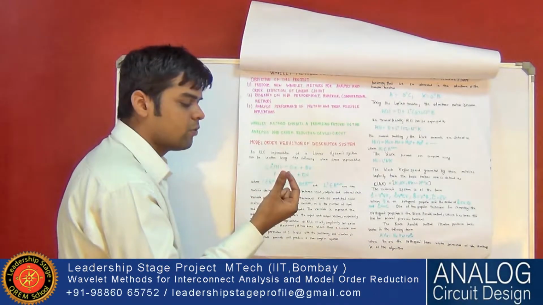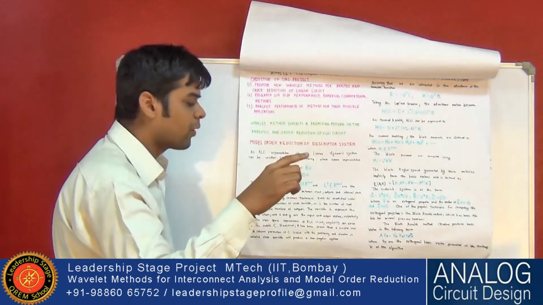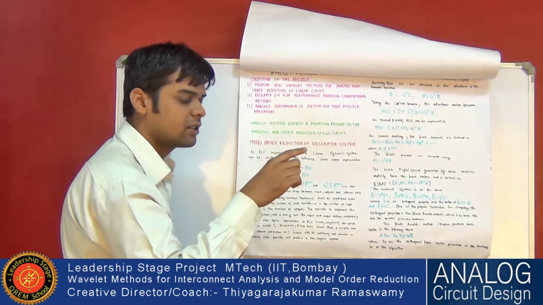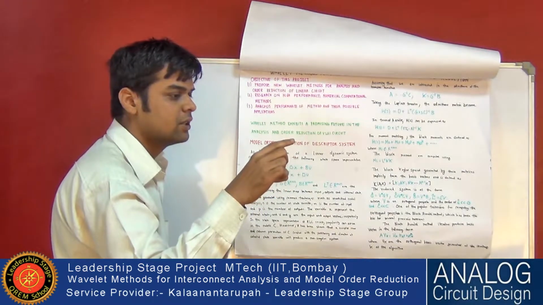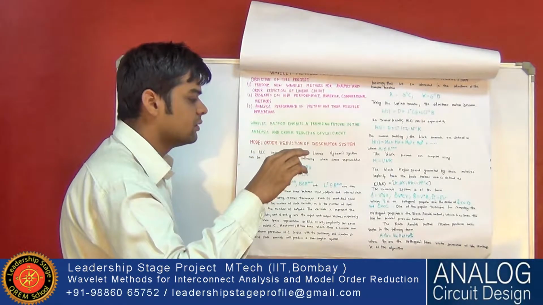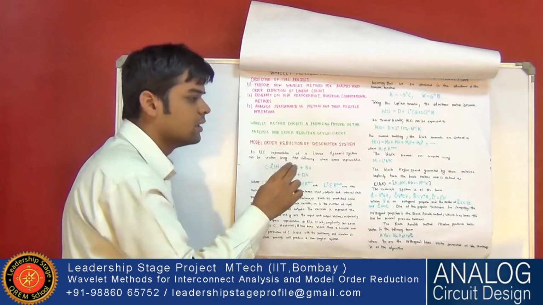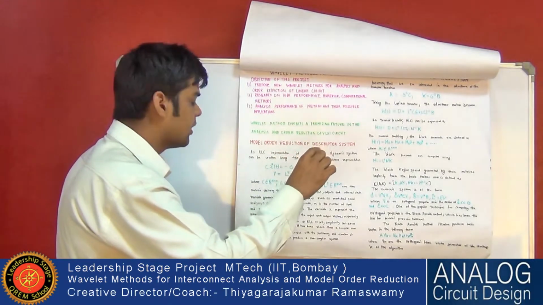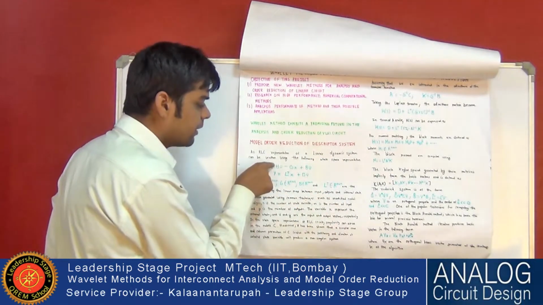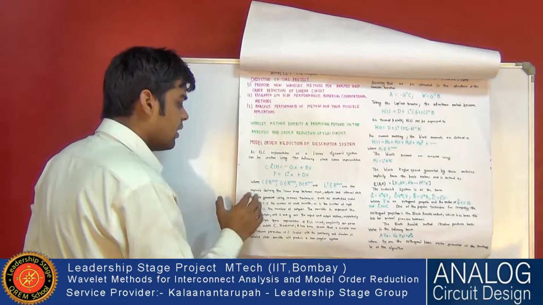For a capacitor and inductor circuit, if you take the derivative, the capacitor current is directly proportional to the derivative of voltage, and for an inductor, voltage is directly proportional to the derivative of current, and that's why the first derivative comes here.